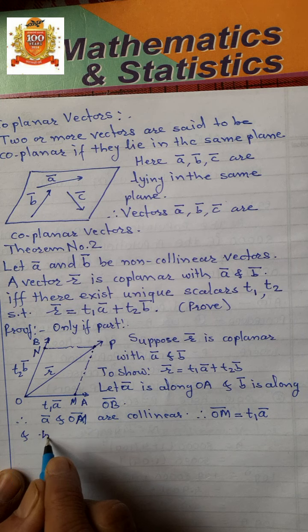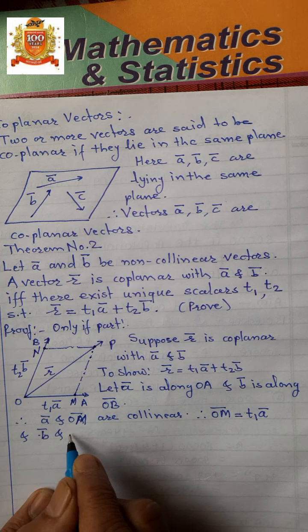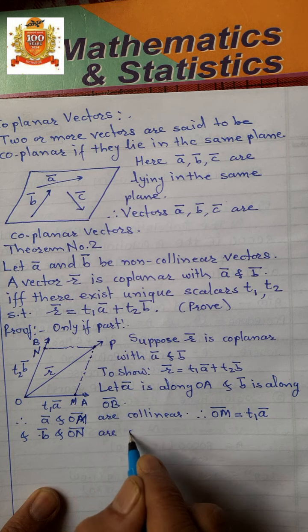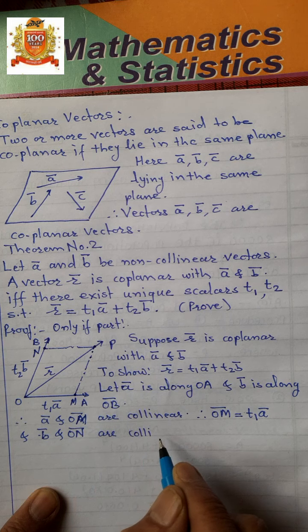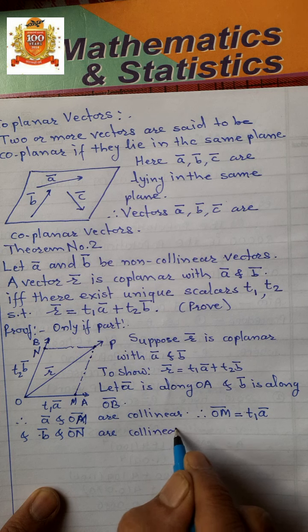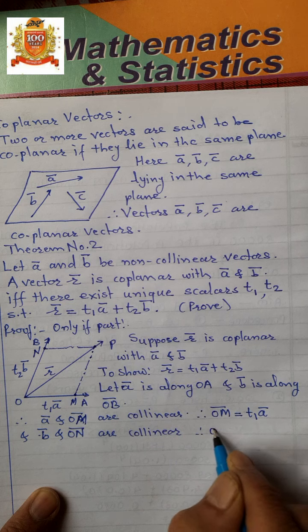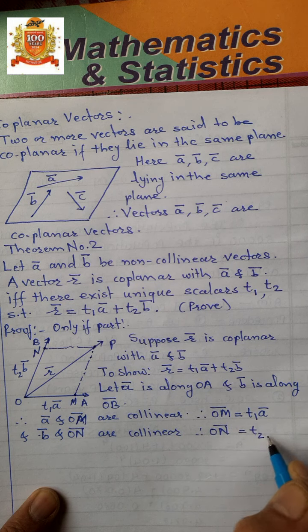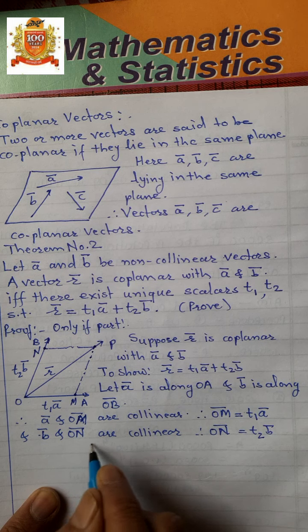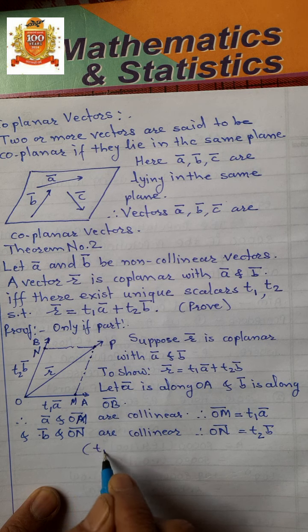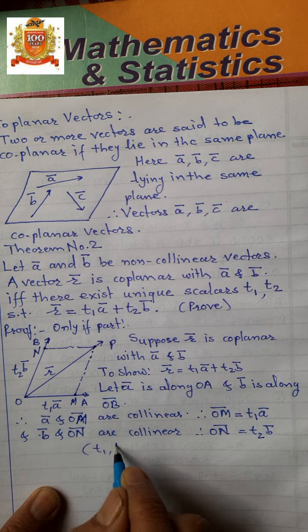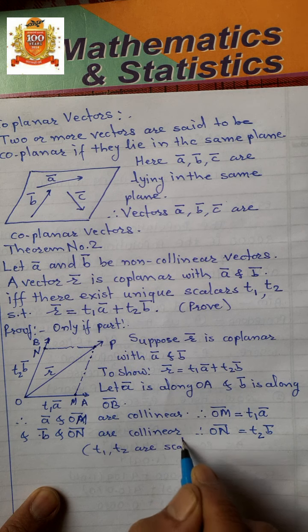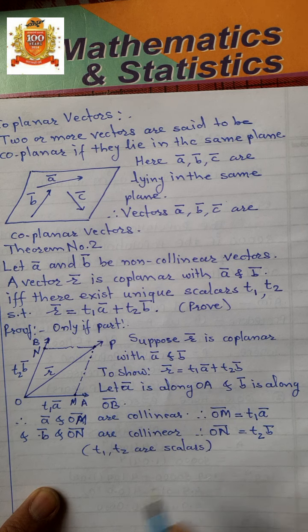And B bar and ON bar are collinear. Therefore, ON bar is equal to, we can write T2 B bar. In bracket, T1, T2 are scalars, isn't it?